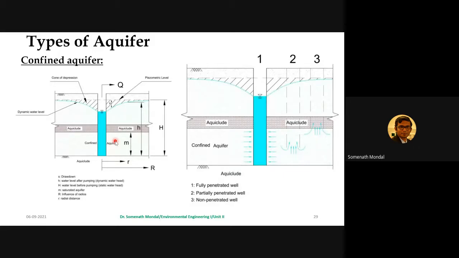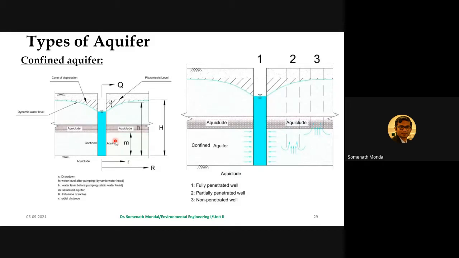So if you construct a well, or if a natural formation like springs gets created, the water will automatically come and it may go above the ground surface due to the high pressure.